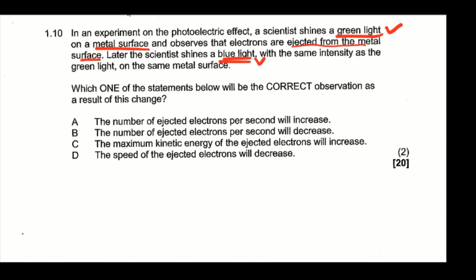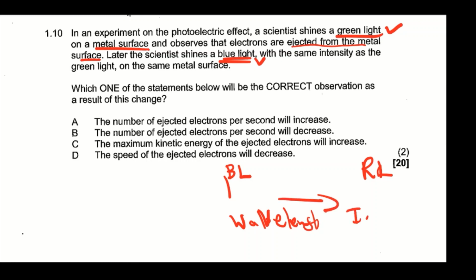How can we analyze this? We need to know the visible light spectrum and the wavelengths. You don't really have to memorize them, but you need to know that if this is the blue light and it goes up to the red light, the wavelength increases going in that direction.